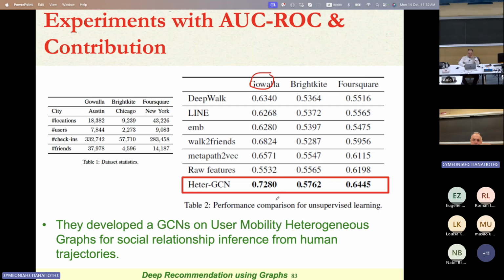In terms of, I guess it should be precision. And they developed a GCN on user mobility for social relationships. The area under the ROC curve is the metric.